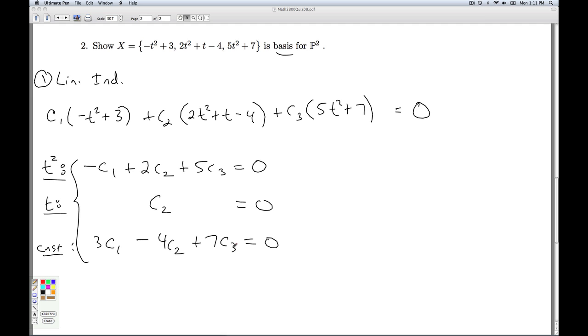Does this system of equations look familiar to you? It should. If you write it in matrix form, the matrix A you get is the exact same coefficient matrix we had in the previous problem.